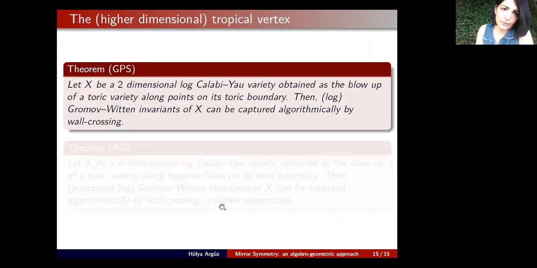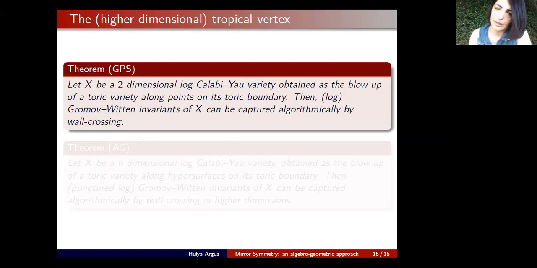And the main result in this construction due to Gross-Siebert is saying that if you have a 2-dimensional local Calabi-Yau variety, which is a variety obtained as the blow-up of a toric variety along points on its toric boundary, then the Gromov-Witten invariants of it can be computed algorithmically by wall crossing algorithms.